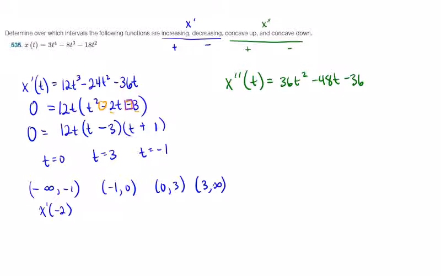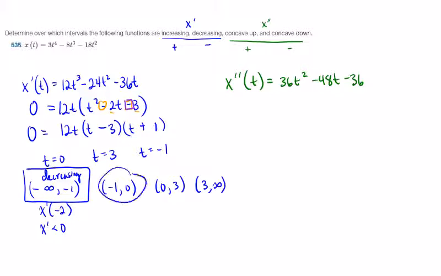Either way, when we plug in negative 2, we get negative 120, which doesn't matter exactly what it is. What matters is that it is less than 0, it's negative, which means this is an interval of decrease. Okay, so that's one of our intervals.